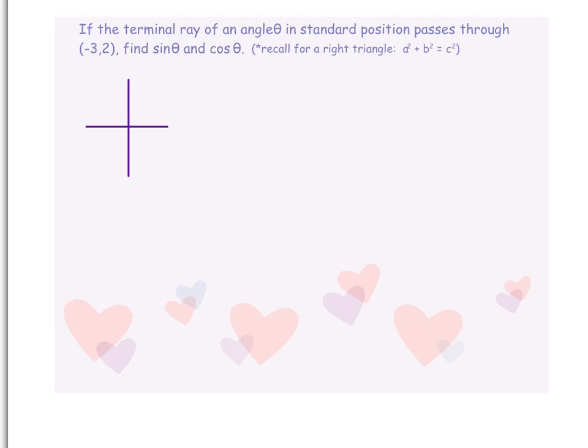So if the terminal ray of an angle, remember it's formed by two components, the initial ray, which is always right here and never moves, and then the terminal ray, we know this terminal ray goes through the point (-3, 2). So we go 3 units to the left, 2 units up, and let's put that point.